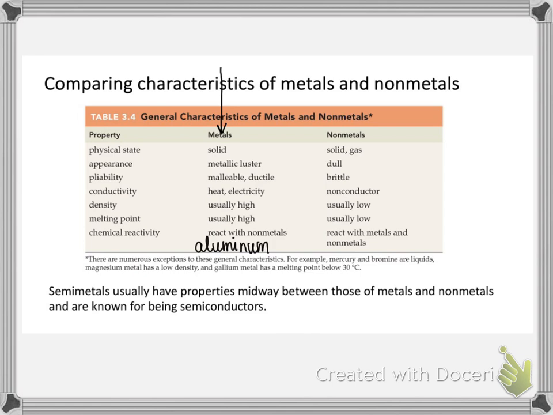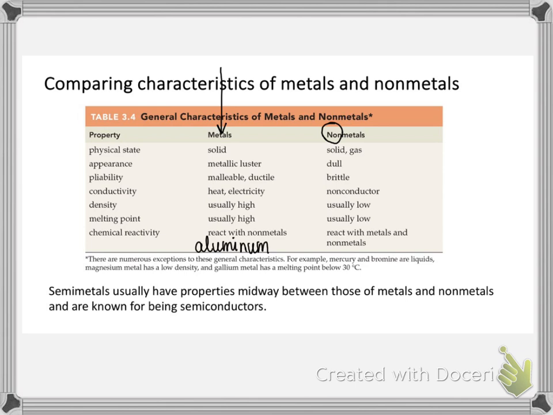Now, in nonmetals, the prefix non really means not, like it negates. So if they're nonmetals, it means they're not metals. And so if we look at their characteristics, a lot of them are just the opposite of what a metal is. Now, their physical states, there are some solids, some gases. There's one liquid, bromine, so they have really all the states.